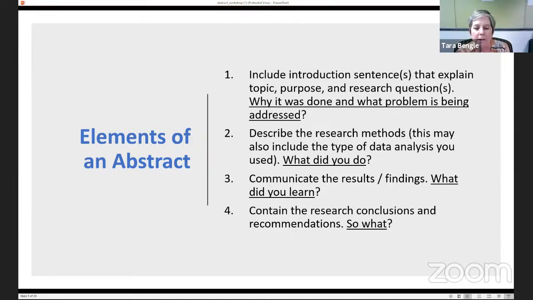And then finally, you're going to share the results or the findings, which is essentially what did you learn from the research? And then the abstract concludes with the so what. What is the meaning of those? What's that conclusion and those recommendations? How does this contribute to our knowledge?